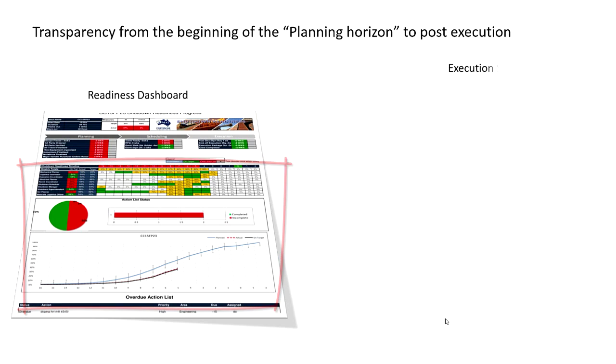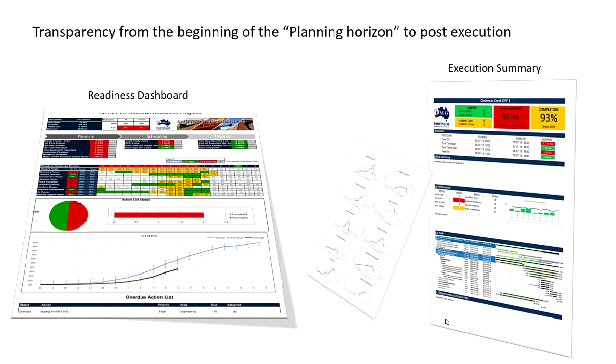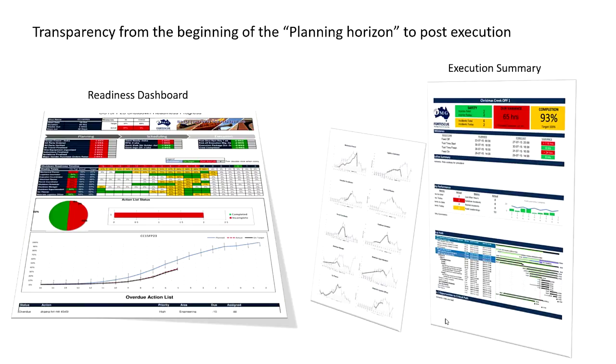During the actual execution of the shutdown itself, we have an executive summary that allows us to look at again the top tier important things: safety, duration variation, and work variation, and other metrics built into this report. S-curves, earn values, and so on.